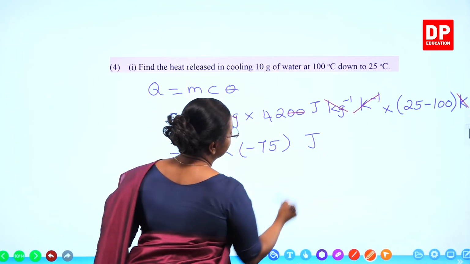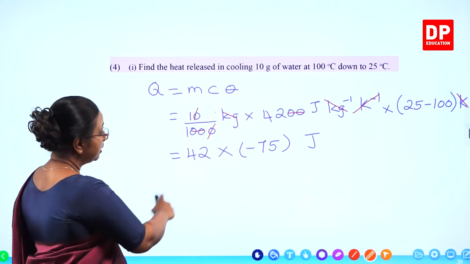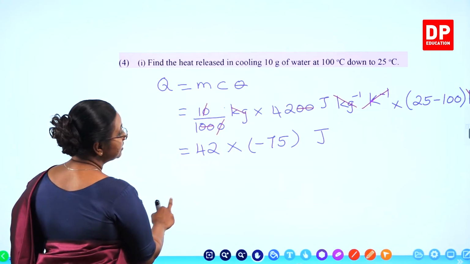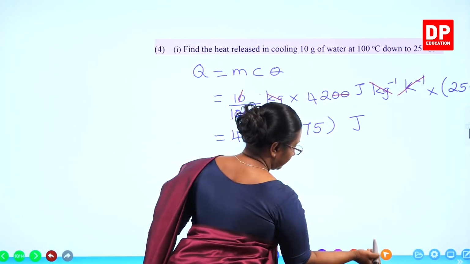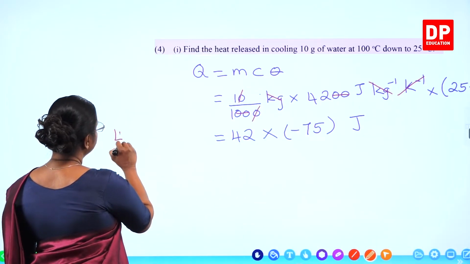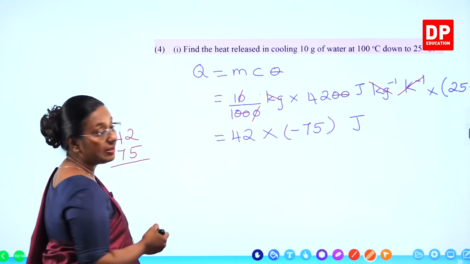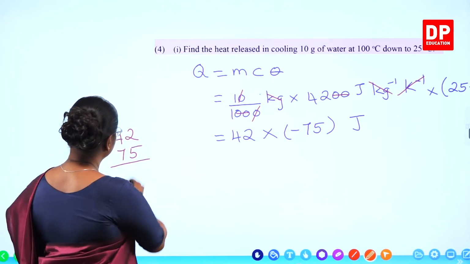So the answer will be in joules. Why? We are calculating heat. So if we multiply 42 by 75, then we will consider the negative value there.